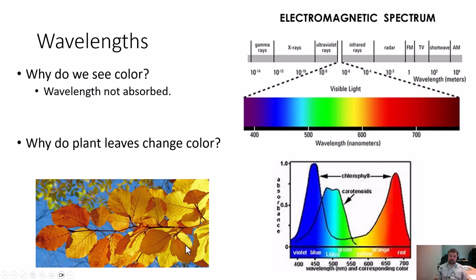If they're not changing till later in the season, maybe the growing season is extending, and these plants are storing more sugars and doing well later into the season. So there are lots of ways that changing leaf color can indicate a change in the environment, and we will talk about that in more detail later on.